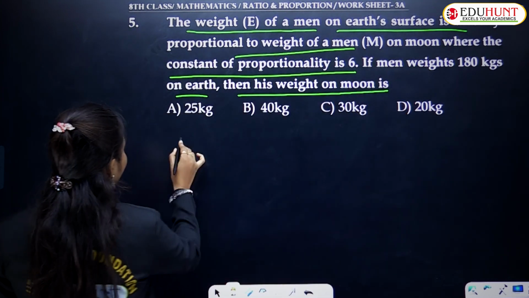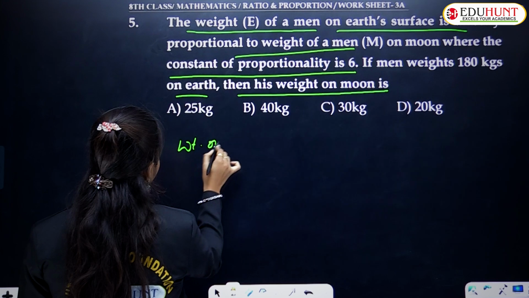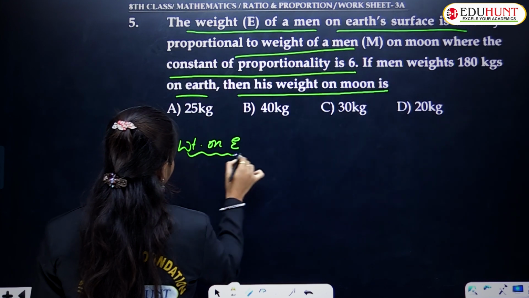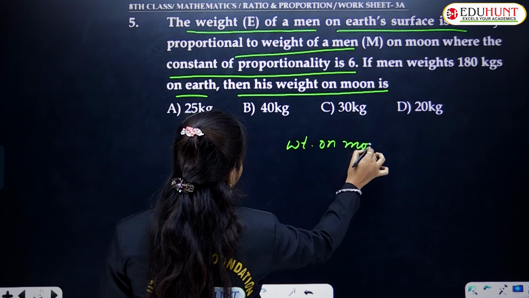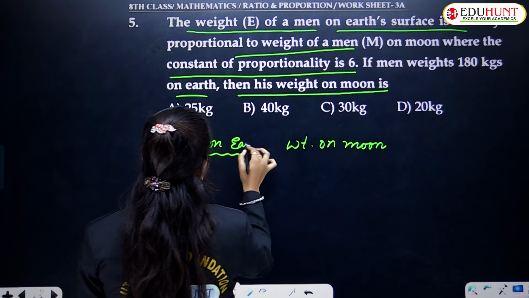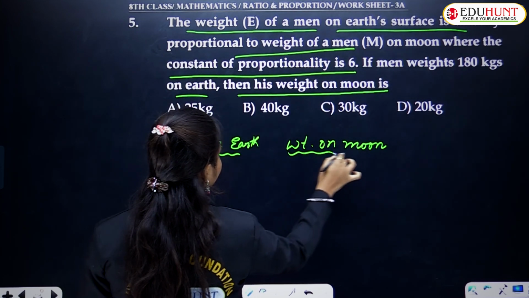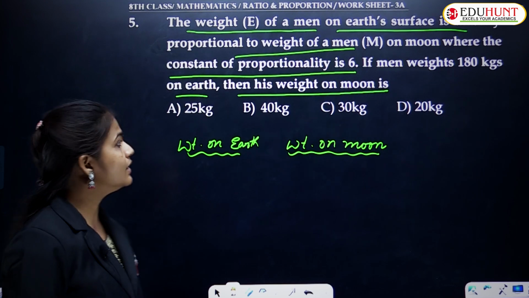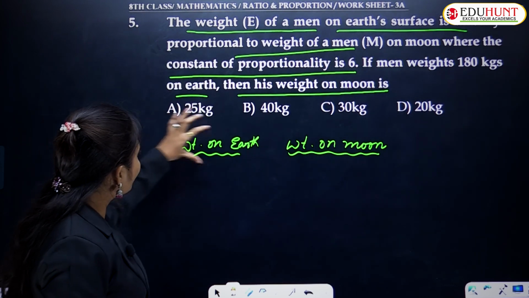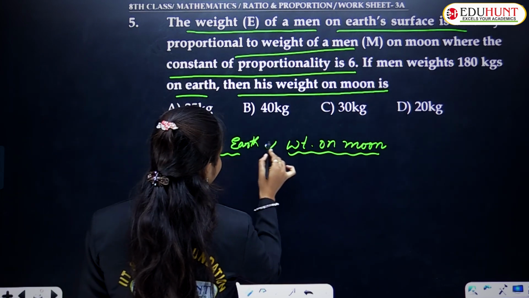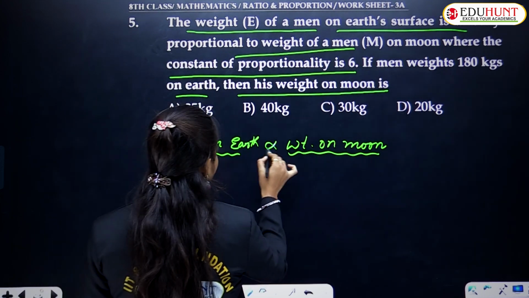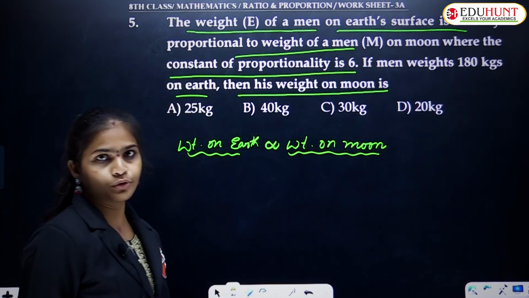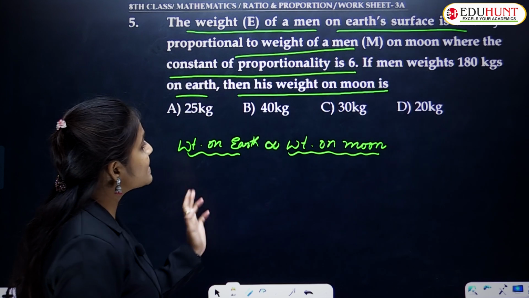Understand? Just to say, weight on Earth and weight on moon. What have they given here? The weight on Earth is directly proportional to the weight on moon. They have given a constant.